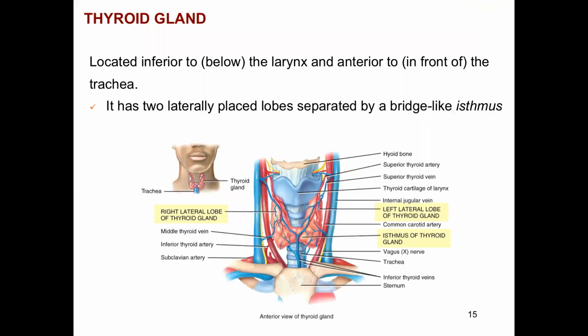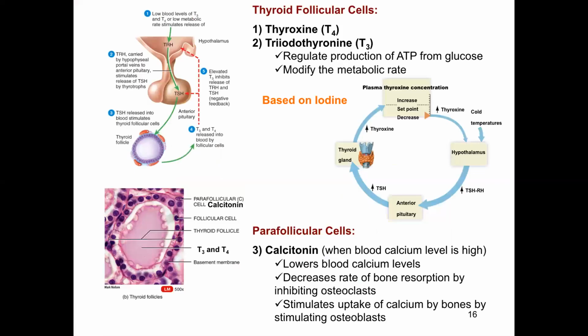Now the thyroid gland. I want to mention this because we talk about parathyroid hormone, which is a different gland, but the thyroid gland also produces a couple of really important things. So where is it? It's in your neck, and it has 2 sides, 2 different lobes. What hormones does it produce? There are 2 types of cells.